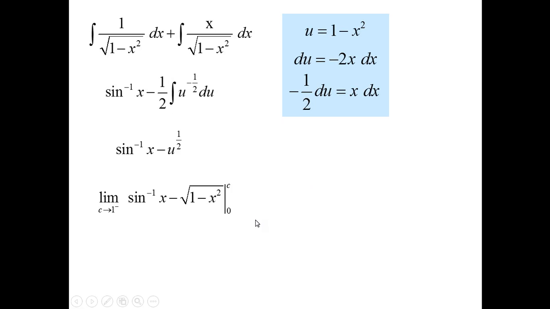And remember, we were integrating this from 0 to c, so we still have to apply the fundamental theorem of calculus. We have arc sine of c minus the square root of (1 minus c squared), minus arc sine of 0 minus the square root of 1.